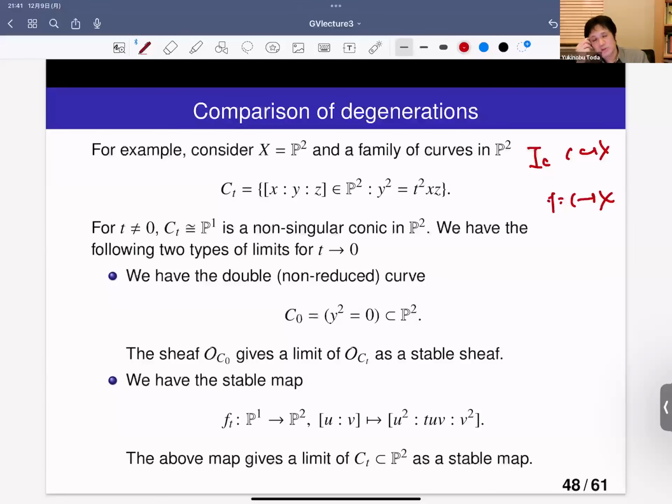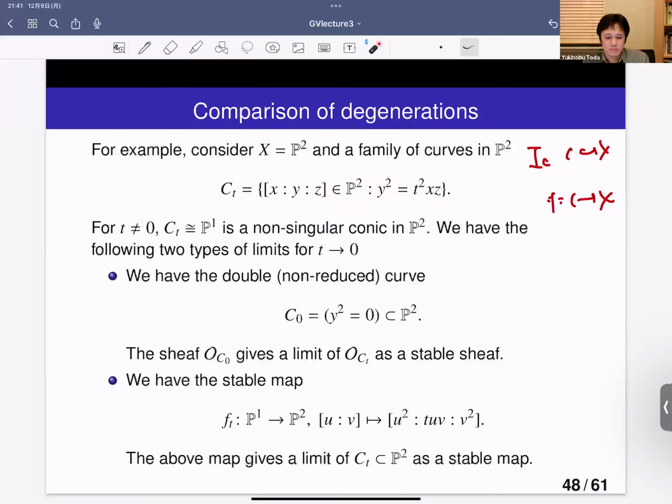In fact, these moduli spaces are different. For example, consider X equal to P2, and also consider a family of curves inside P2, given in this way. This is parameterized by some complex number t, and if this is non-zero, then this is a non-singular conic inside P2.